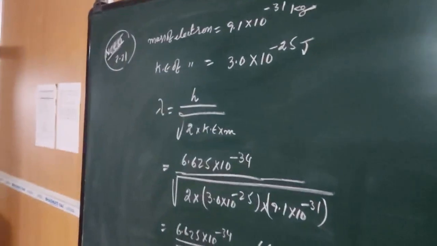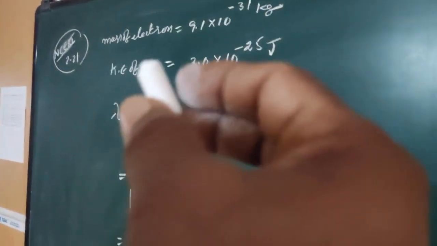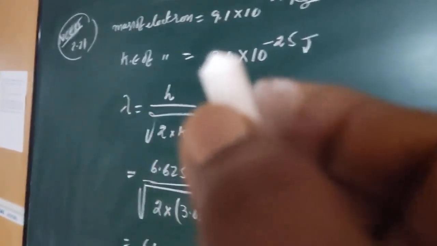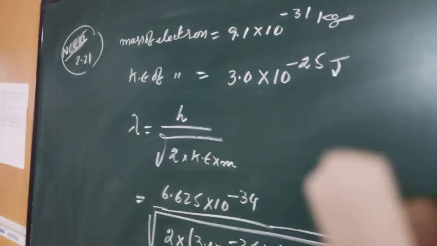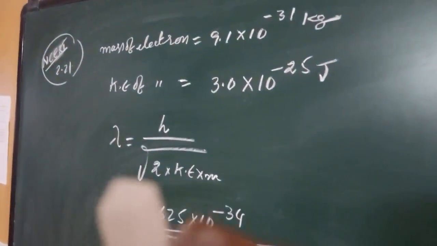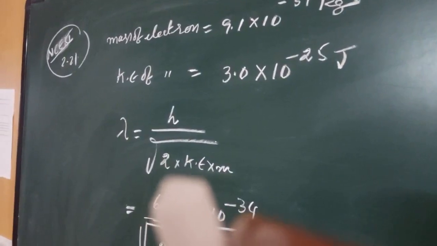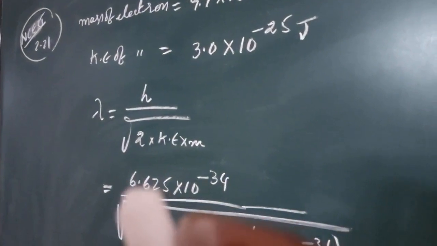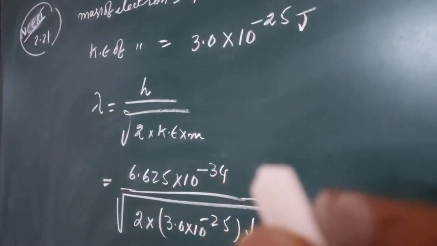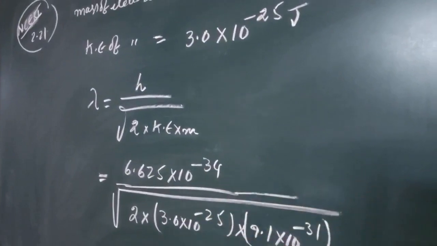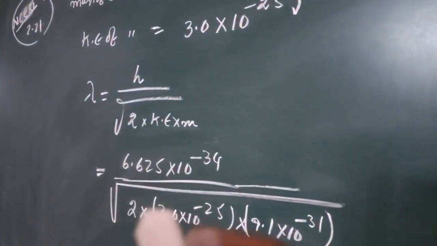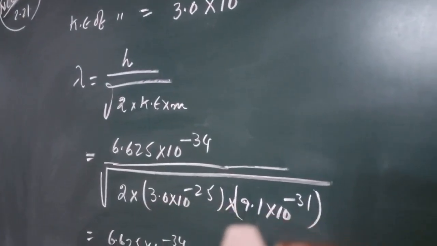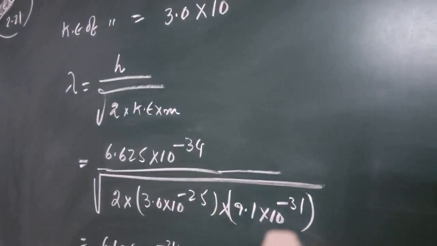Once again, question number 2.21 in NCERT exercise. Mass of electron given is 9.1 into 10 power minus 31 kg. Kinetic energy of electron is given 3.0 into 10 power minus 25 joules. Already you know lambda is equal to h by root over 2 into kinetic energy into m. So h value we can consider 6.625 into 10 power minus 34 joule seconds, by root over 2 into kinetic energy, 3.0 into 10 power minus 25 joules, into mass 9.1 into 10 power minus 31 kg.